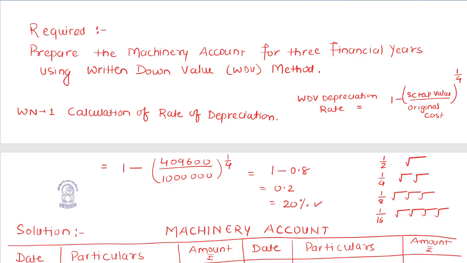1 time under root, 2 times, 3 times, 4 times, 5 times, 6 times, 7 times, 8 times, 9 times, 10 times, 11 times, 12 times under root. Step 1 is over.